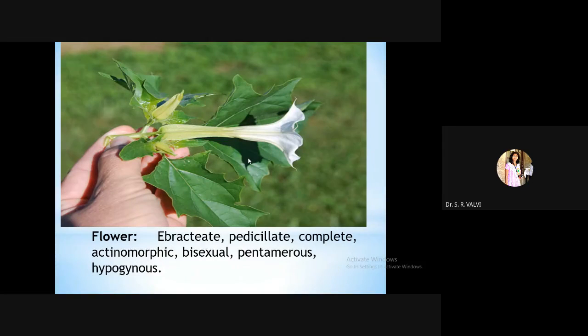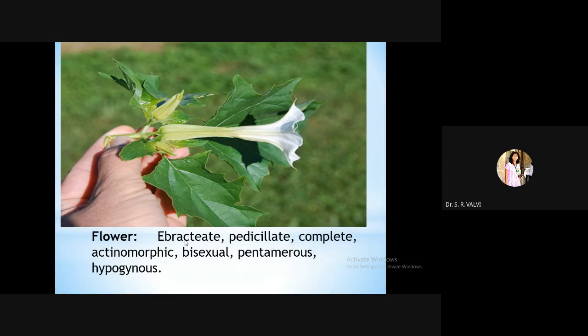Now next term, that is flower. Now see, for this flower, what is the first term? Ebracteate. Now see students, from the flower you have morphological characters, and these morphological characters are very important. Flower character, inflorescence character starts from the flower.